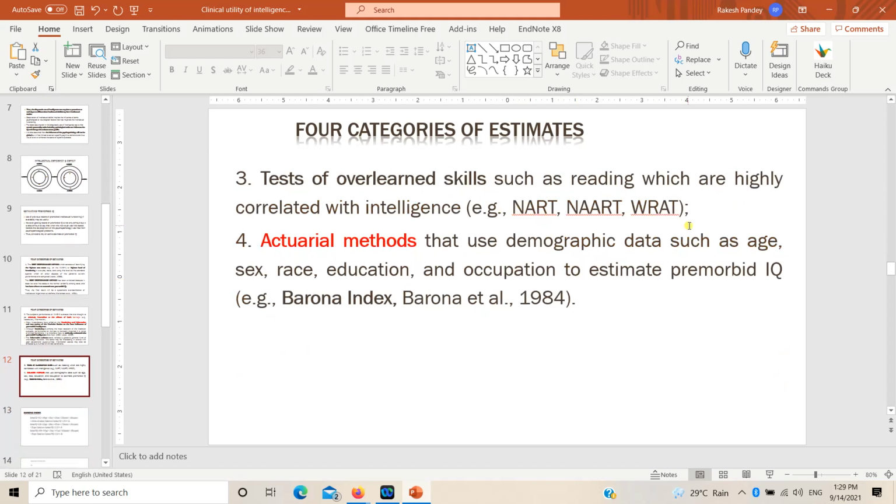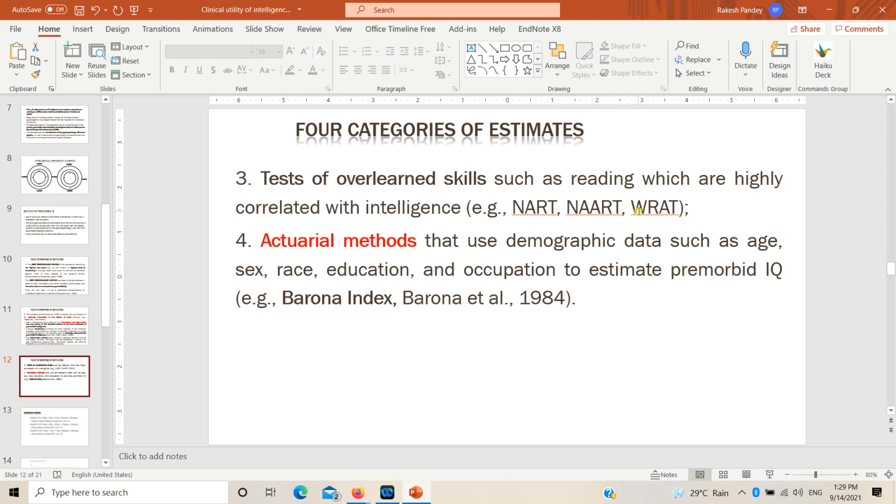Why? Because these reading tests have been found to be highly correlated with tests of intelligence. I have put some names. This is NART, which stands for National Adult Reading Test. NAART stands for North American Adult Reading Test.